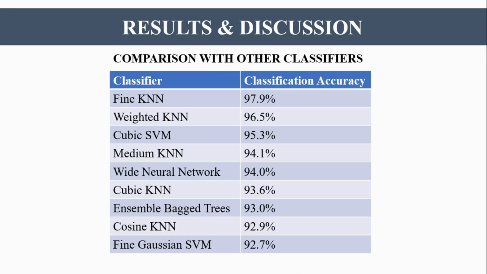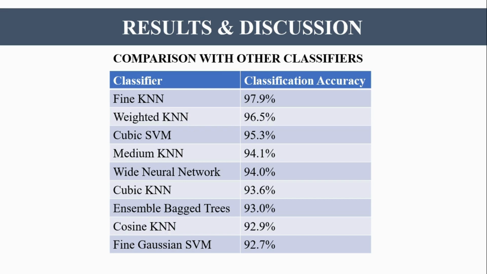Here is a comparison with other classifiers as well. The results of classification based on selected features using the fine KNN classifier are 97.9% accurate, while all other classifiers achieving an accuracy higher than 90% are shown.